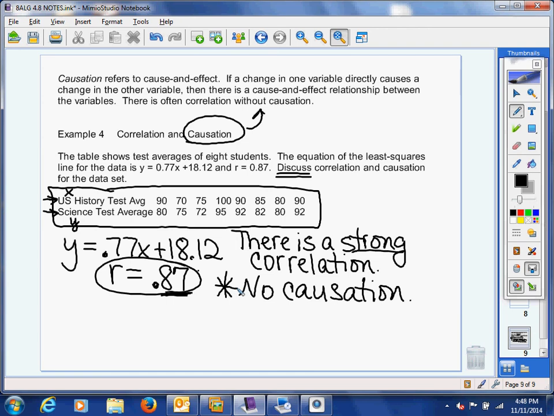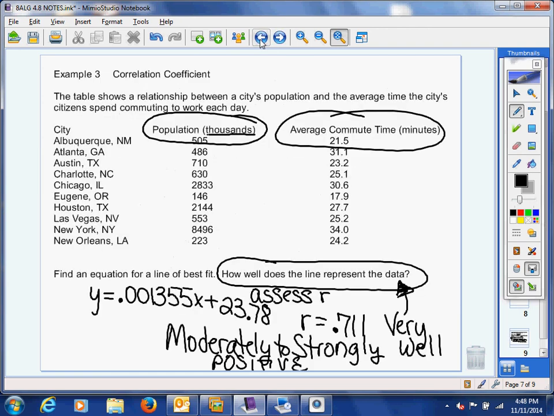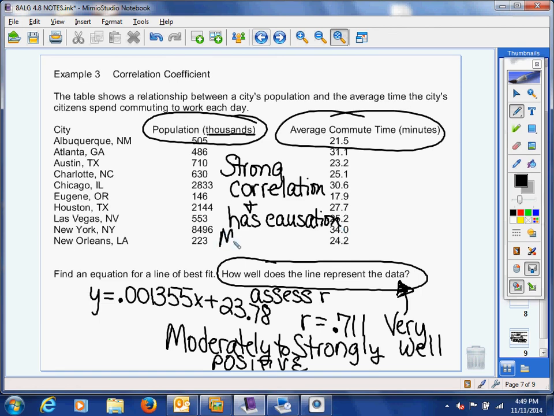So I tried to show you 2 pages ago where there was a strong correlation. So this has a strong correlation and has causation. And the reason why I can justify that is because the more people there are, the more cars, which is going to affect the time in minutes that they're sitting in traffic.